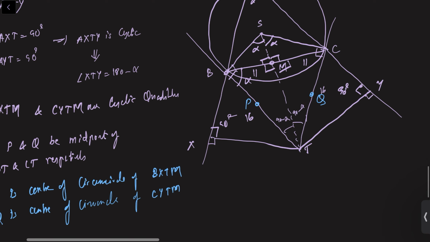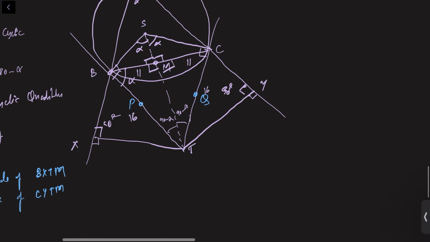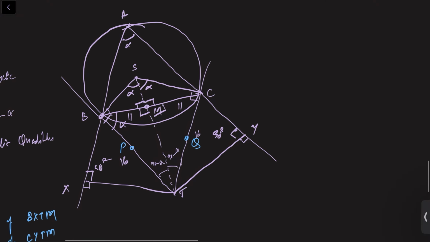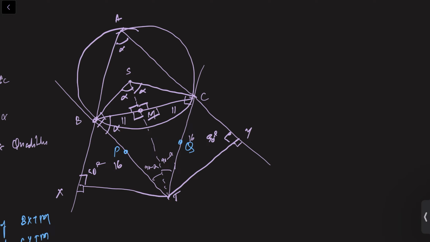Now if we consider BXTM, we can notice that angle MBX, this total angle, is nothing but angle MBT plus angle TBX, this angle plus this angle being MBX, MBT and TBX.